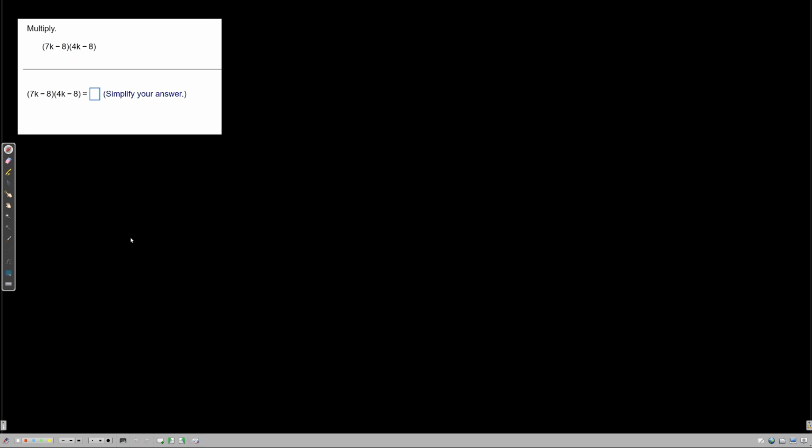Next problem asks us to multiply. I had said in class that to do this, I'm viewing this 7k minus 8 as just a single object, and it will distribute into the 4k minus 8.